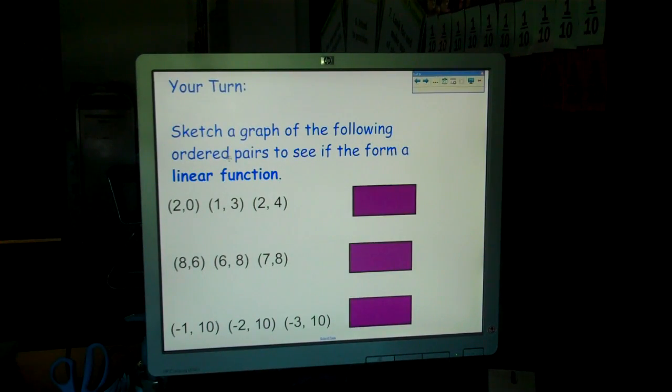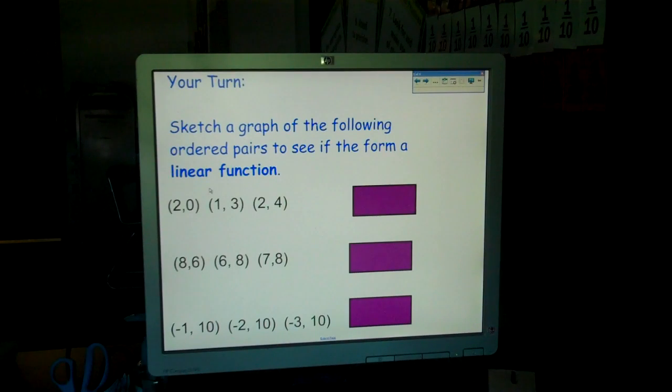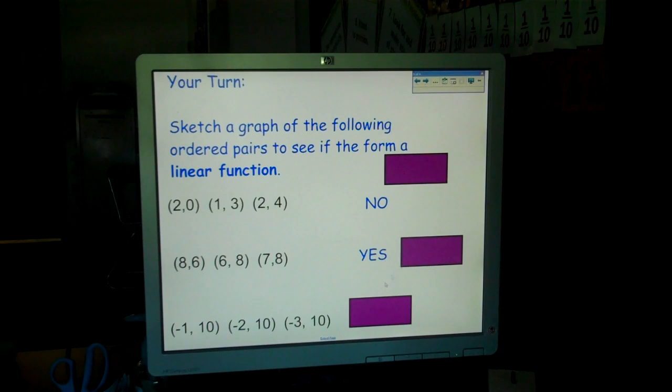Here's what I want you to do. On your notes, I want you to sketch the following ordered pairs. Just draw a quick coordinate plane and see if they would make a function. Do they pass the vertical line test? So go ahead and pause it now and do these three, and then I'll reveal the answers. This first one does not pass the vertical line test.